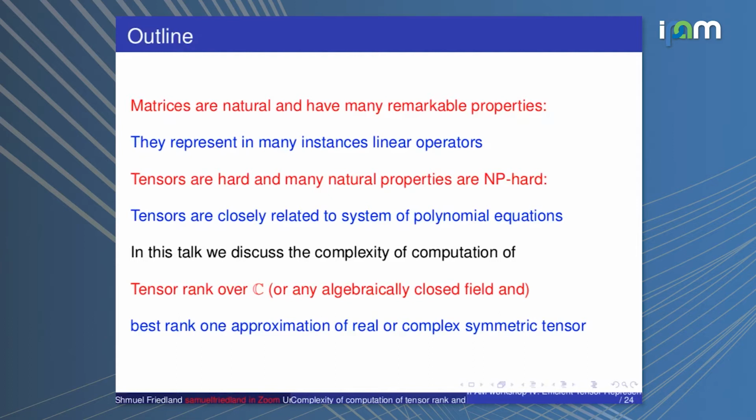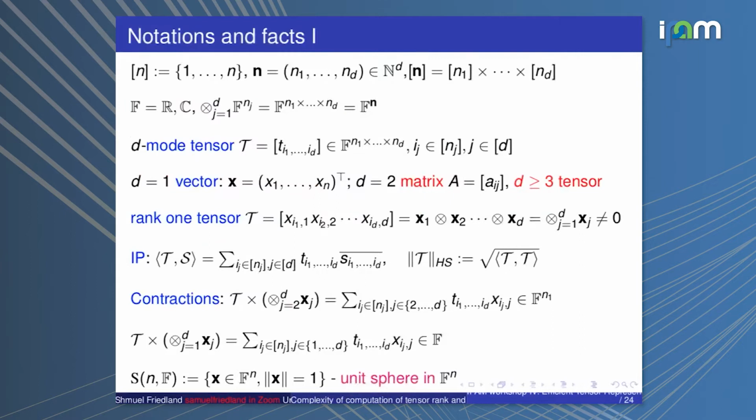David, please, next slide. Okay, so let's do some notations. I cannot do it, David does it for me. On the first line, you see standard notation. Square bracket n is the set of integers from 1 to n. Bold n is a vector with positive integer coordinates, and bold n square is just a product of all these n's, which I'm not sure I'm using.